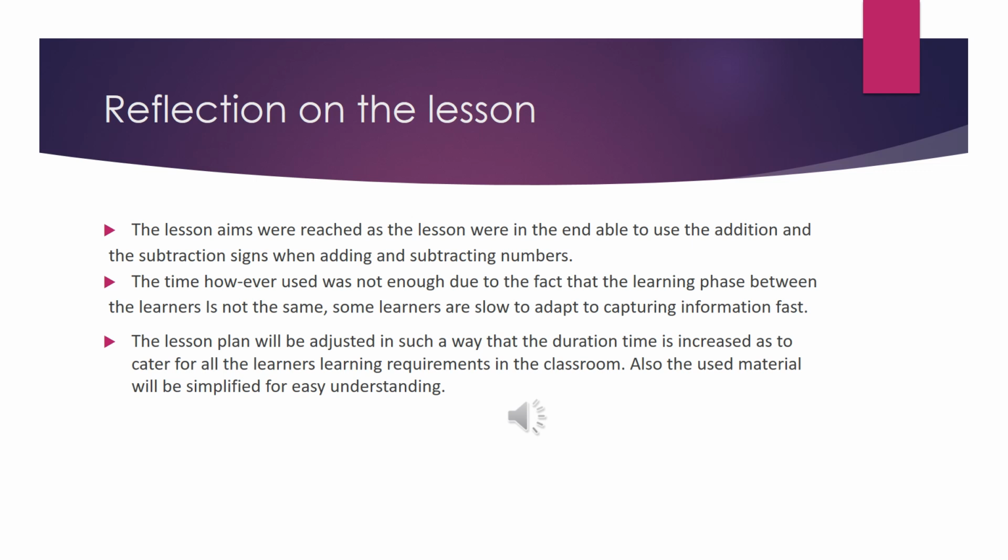Some learners are slow to adapt to capturing information fast. The lesson plan will be adjusted in such a way that the duration time is increased so as to cater for all the learners' learning requirements in the classroom. Also, the used material will be simplified for easy understanding.